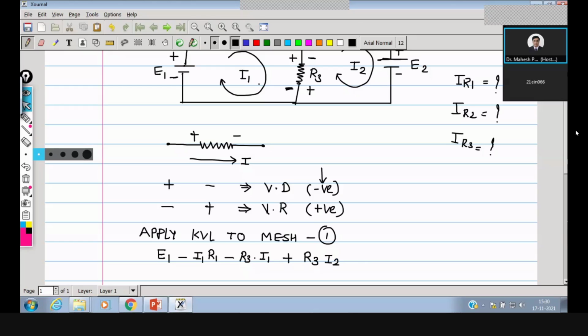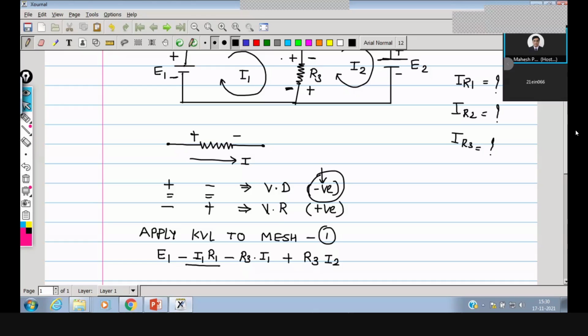Clear? It is very simple to understand. If there is only a single mesh, then according to the plus and minus sign convention, we can write that equation, that is minus I1 R1. Our assumed direction is clockwise, and in the clockwise direction the drop due to current I2 in R3 is from minus to plus.